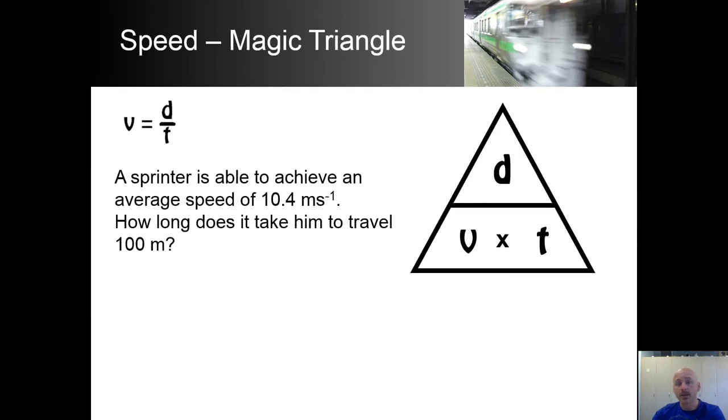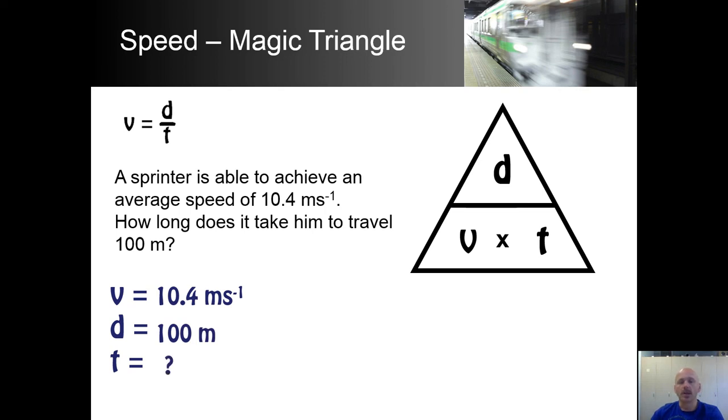So let's use this new skill in solving a problem. A sprinter is able to achieve an average speed of 10.4 meters per second. How long does it take him to travel 100 meters? So we're looking for v, d, and t. From our problem, we can see that v is 10.4 meters per second. d, the distance, is 100 meters.